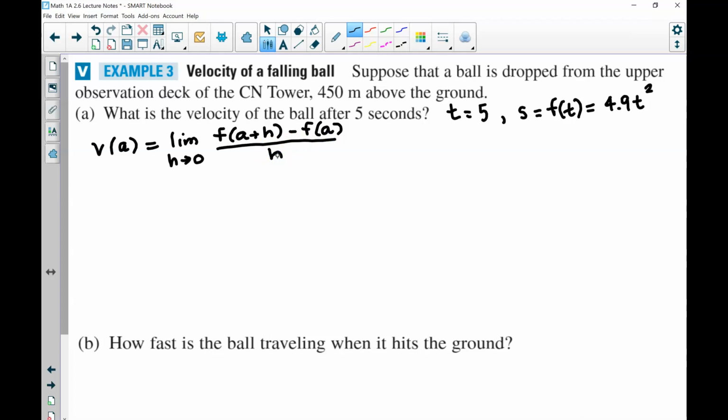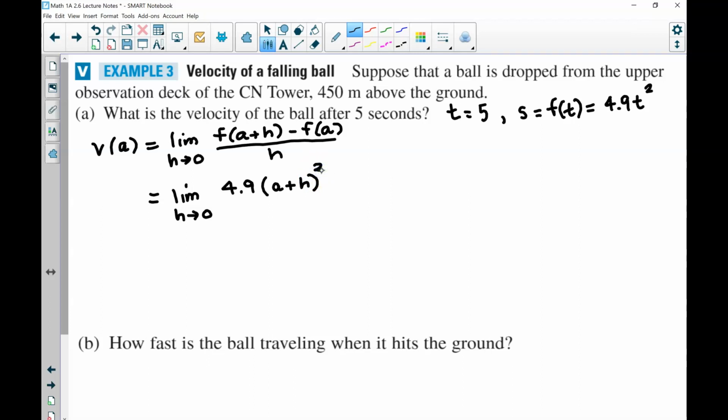And so now we are going to take this function, and this is going to become the limit as h approaches 0 of 4.9 times a plus h squared, since that is the input for the equation of the motion.